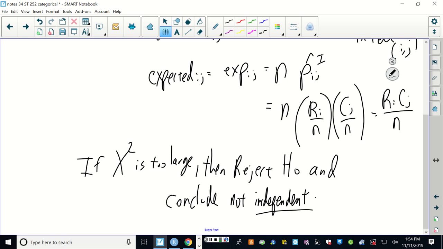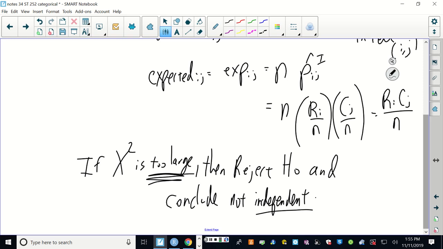Right? But it becomes a question of how do you tell, is it too big? Right? And a lot of our testing and our procedures about testing is under repeated sampling. If you got other samples from this distribution under independence, what would be the extremes? How unusual would it have to be? What would be the upper 95%? If we're beyond the upper 95%, like out in the tail of a distribution, then that's going to be unusual evidence. Right?